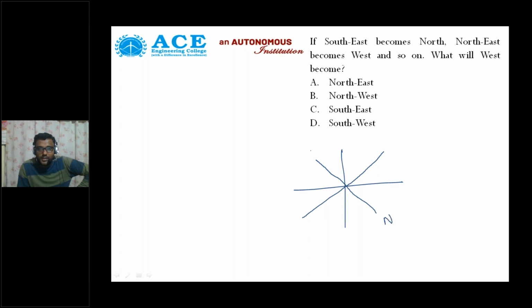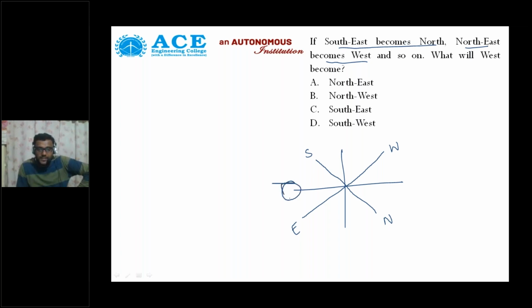When this becomes north, the opposite is south. Northeast becomes west. This is actually northeast. If this becomes west, this is east. Southeast becomes north. Fine.